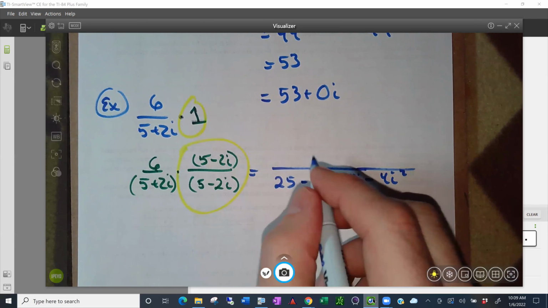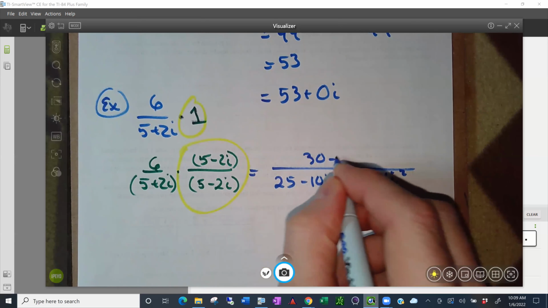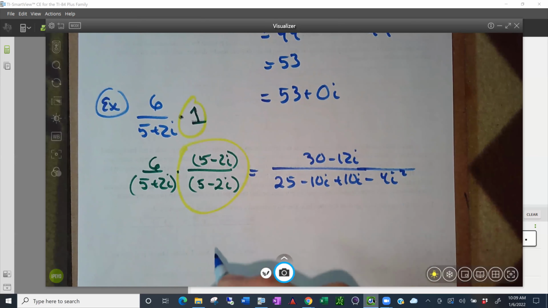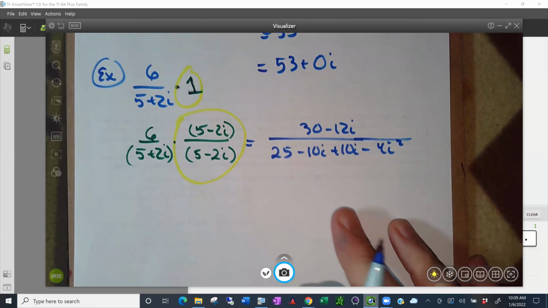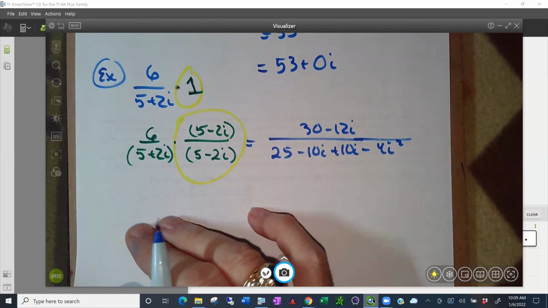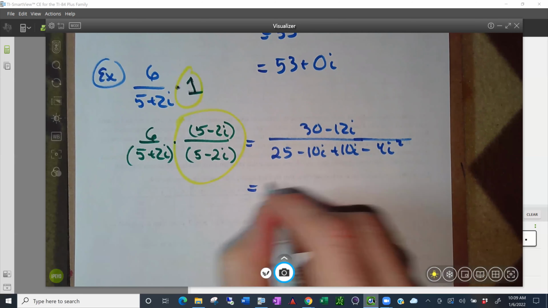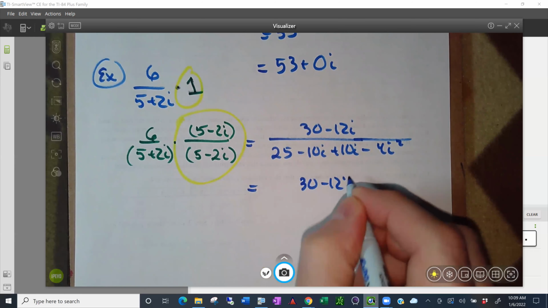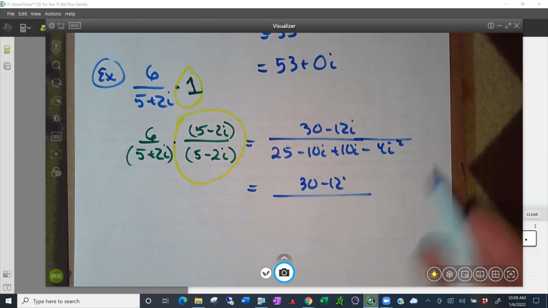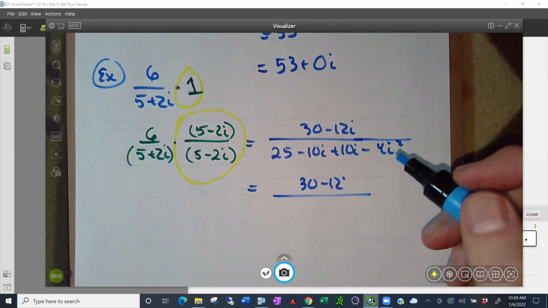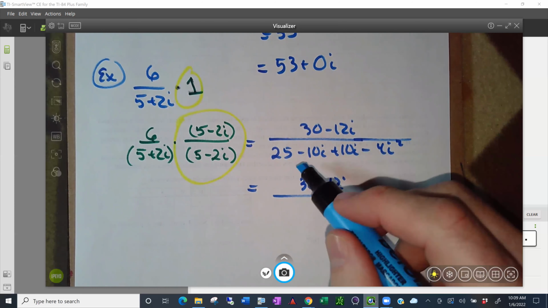Sometimes I'll wait. 30 minus 12i. There's still a little more simplification to do in the denominator. Hopefully you see the big thing that simplifies, right? You can pause things for a second if you want to try and figure that out.